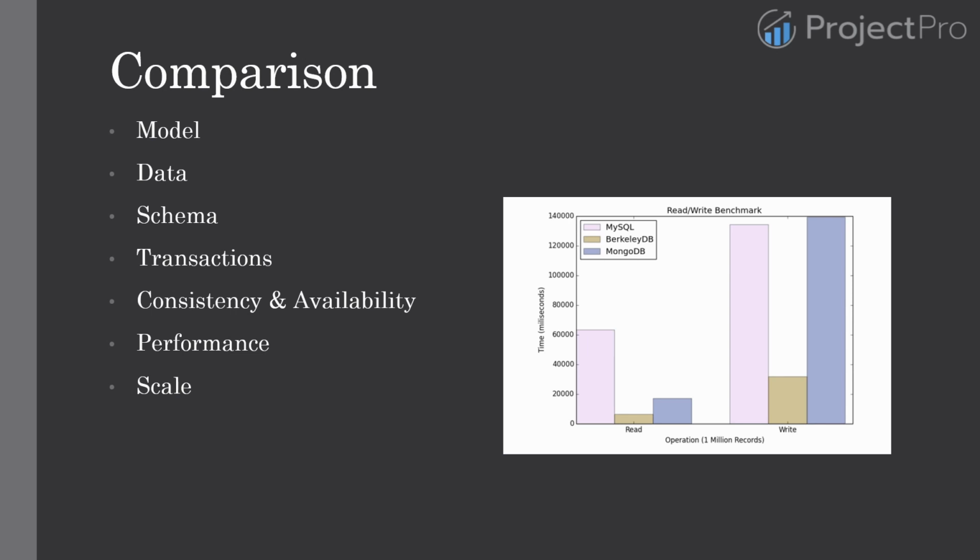Now let's talk about the data. In SQL, every record will have the same attributes. If you have 10 columns in your relational table, then each row should have values for every column. You cannot have 11 values or 9 values in your row. When you're inserting the data, you have to insert exactly 10 values.